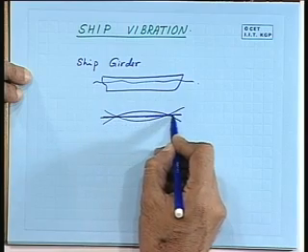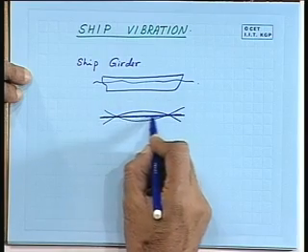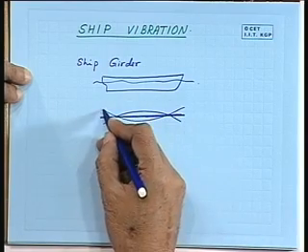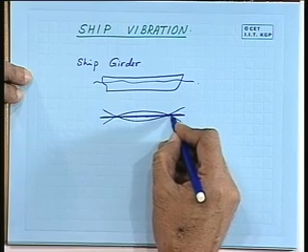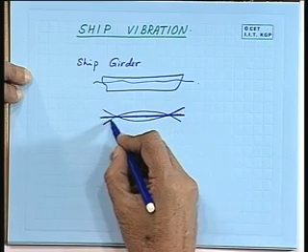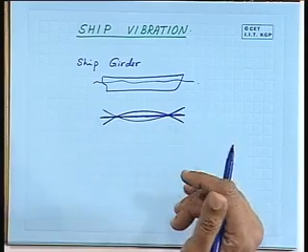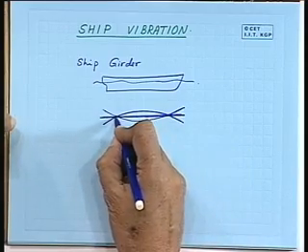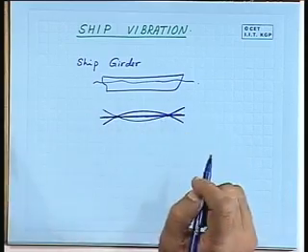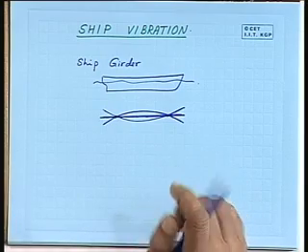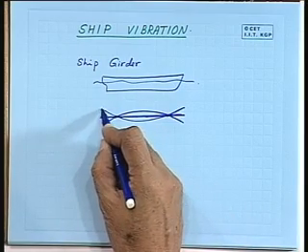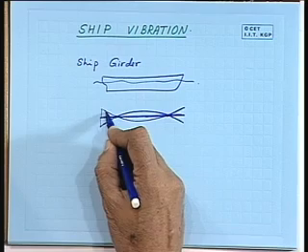Okay. So, what we see here, this is the undisturbed condition. If it sags, it goes like this, and if it hogs, it is in this condition. So, vibration means it is to and fro motion. So, there is one particular point here, there is another point here which undergoes zero displacement, and this point is going up here, down here.